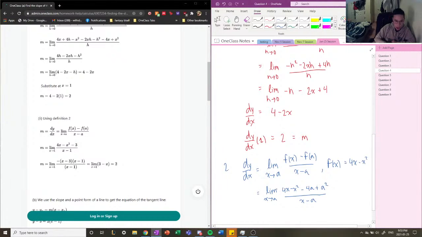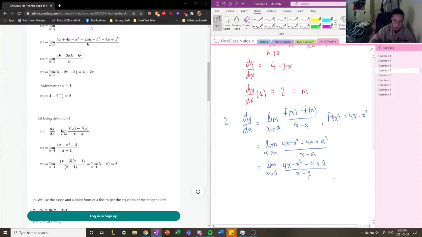Now here we want a to be whatever point we're trying to calculate. So x is going to approach 1 in this case. So we have 4x minus x squared minus 4 plus 1, divided by x minus 1. And then we have the limit as x approaches 1 of negative x squared plus 4x minus 3, divided by x minus 1.